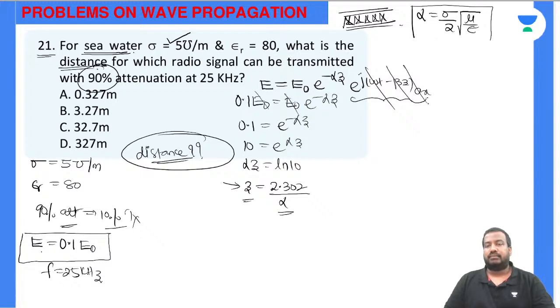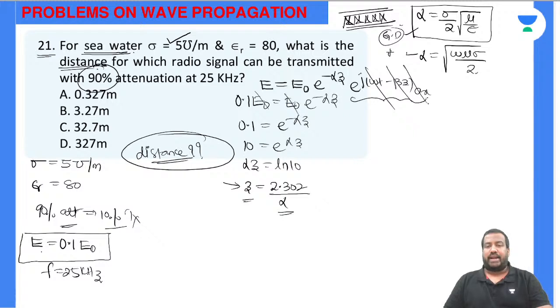At the start of the class I had given you this formula, no? This is for a good dielectric. Alpha value is under root of omega mu sigma by 2. This is for a good conductor. I have this doubt now: which formula shall I use? Shall I use this or this? Tell me.